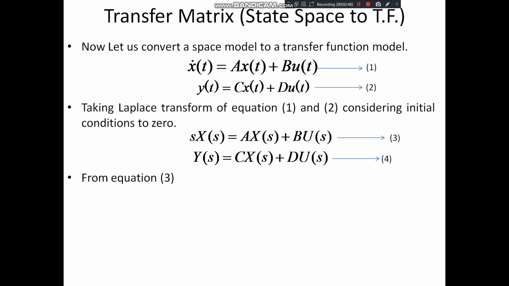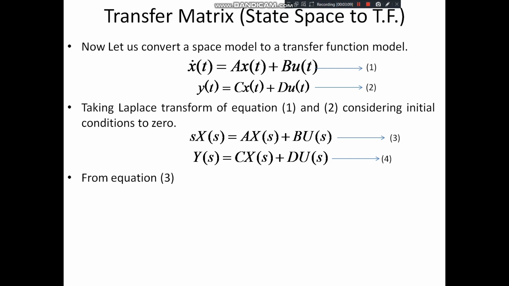Here all x represent the state variables, u represents the input variable and y represents the output variable. The Laplace transformation of output to the Laplace transformation of input with all initial conditions 0 is the definition of transfer function.